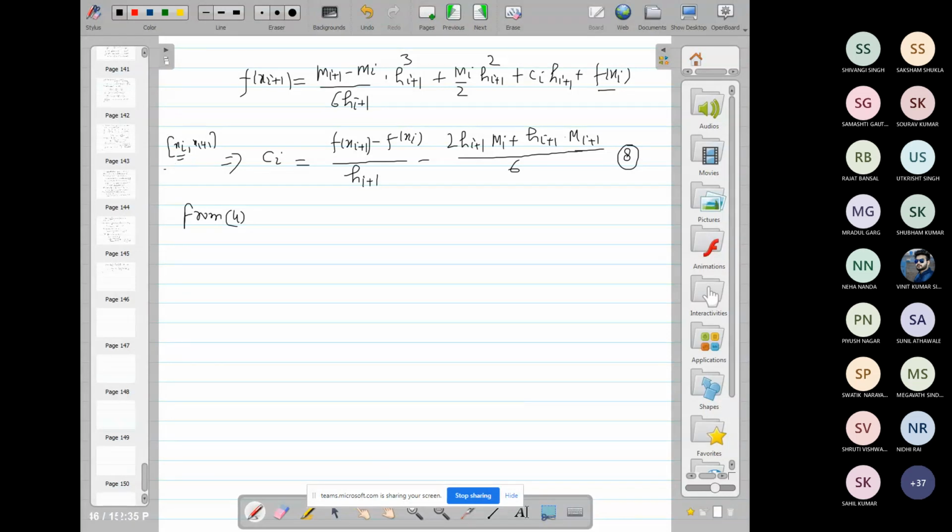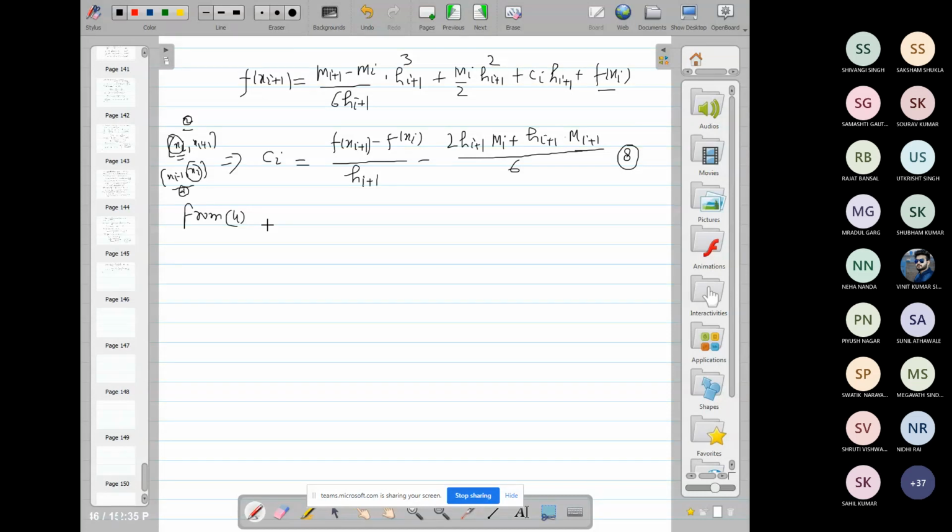Suppose one interval is this, another interval will be xi minus 1, xi. So here xi is common point. At this point the slope of curve, meaning here one cubic polynomial, here another cubic polynomial. So the slope of this curve 1 and 2 at this common point will be same.